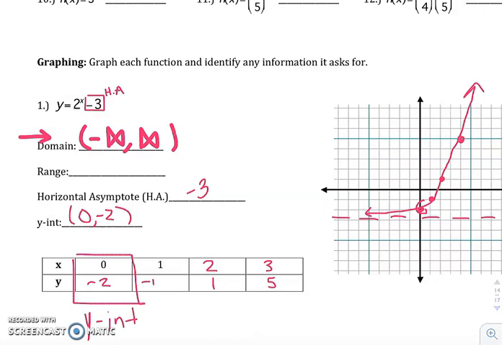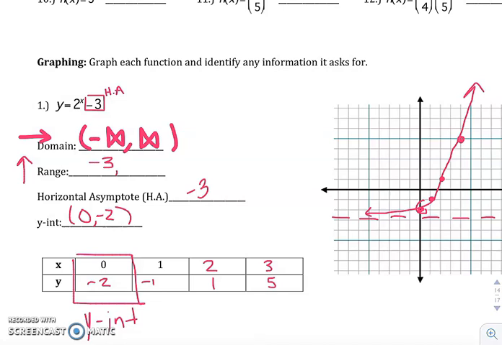Now the range. If you remember, the range is from bottom to top. The lowest point your graph reaches is at that horizontal asymptote, and then it goes up from there. So the lowest point your graph is at is that -3 value. Everything is from -3 and up. There's nothing below -3.